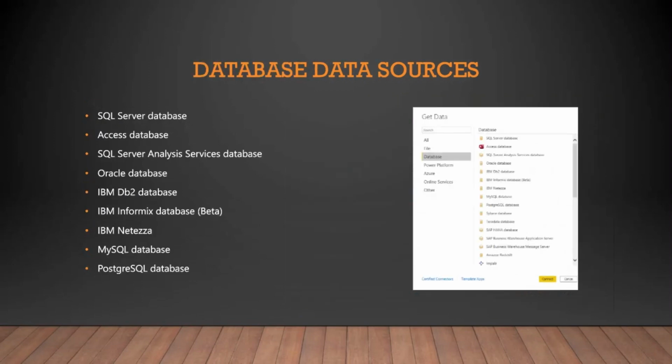In the Database data sources, we have options like SQL Server Database, SQL Server Analysis Services Database, Oracle Database, IBM Db2 Database, IBM Informix Database, IBM Netezza, MySQL Database, PostgreSQL Database.